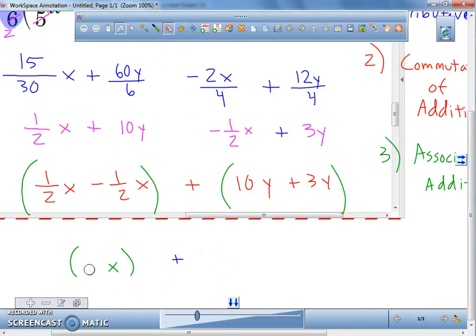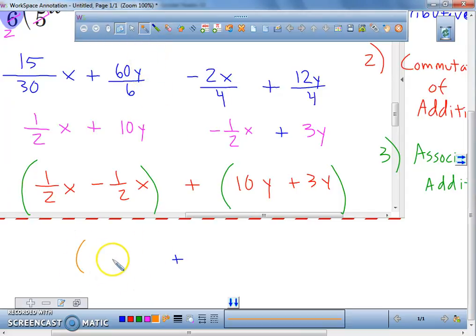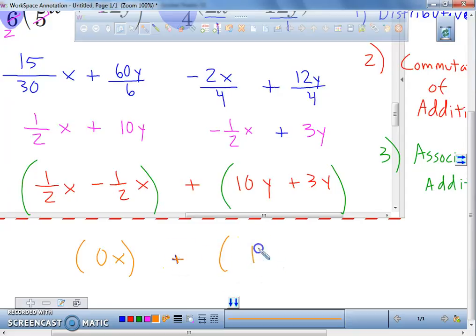Change colors here. Put 0 x's plus 13. Sure, you can write 0 x's. Now, listen, you probably wouldn't do that when you're solving the problem step by step. Probably wouldn't put 0 x's.